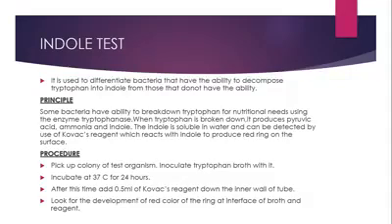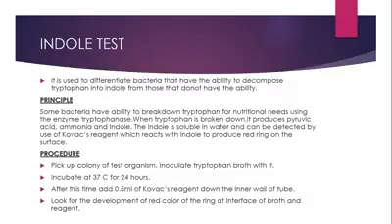So in this case, the compound is tryptophan, which is going to be converted into indole, and this is going to help us in differentiating bacteria that have the ability to do this reaction from those that do not have the ability.